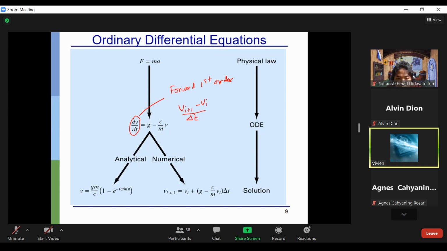So with the forward scheme, first order, d phi dt will be equal to phi i plus 1 minus phi i over delta t, which equals g minus c over m phi. The value of phi here is taken at that position, at the current time.